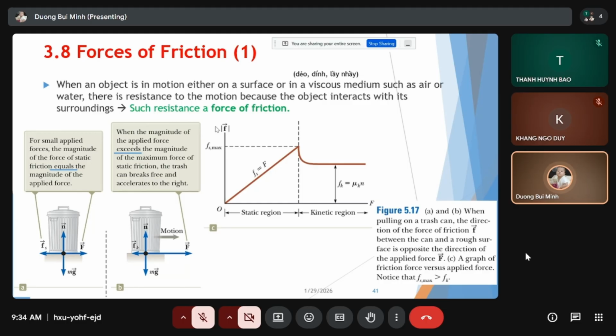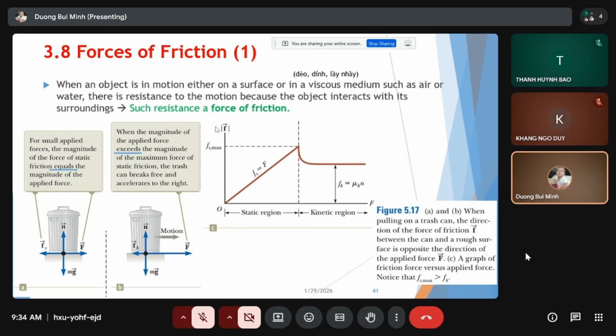If we consider two regions, this is the left region, this is the right region. For the left region, we have a linear relationship between the external force and Fs. When we increase F, that means Fs increases. When F becomes higher than Fs max, the object is moving, and this one is dynamic.